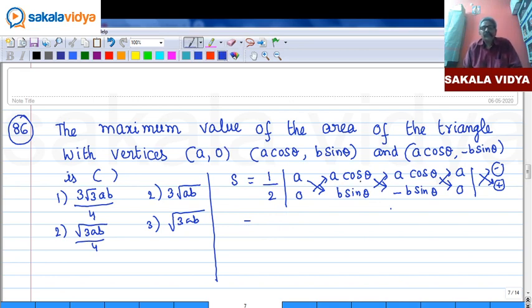See, a cos theta, a cos theta, a; 0, b sin theta, minus b sin theta, 0.